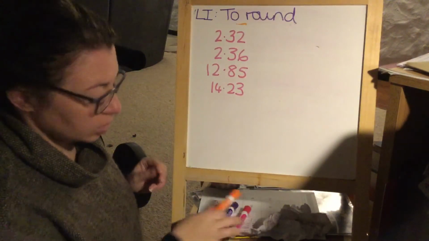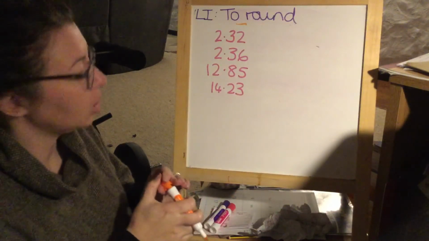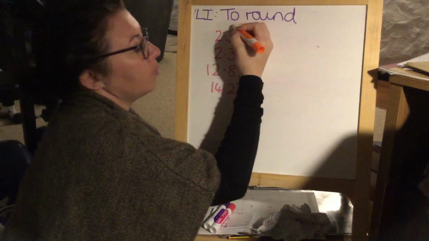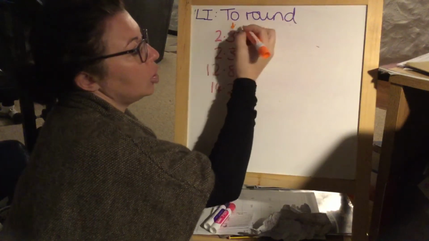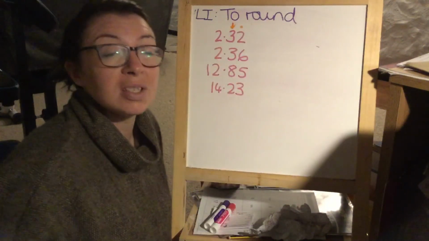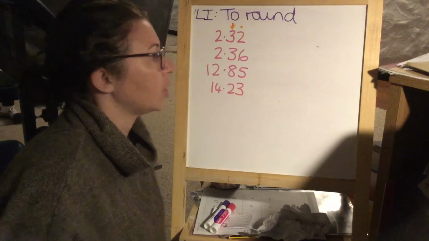So whenever you're rounding to 1 decimal point, you're rounding to this one, but that means that you are looking at the second one because it's that number that you are rounding up or down.